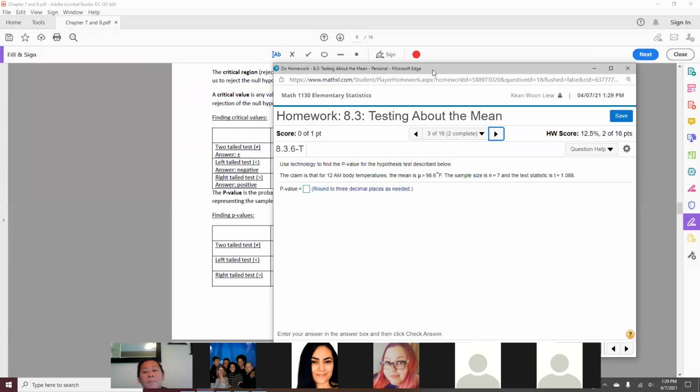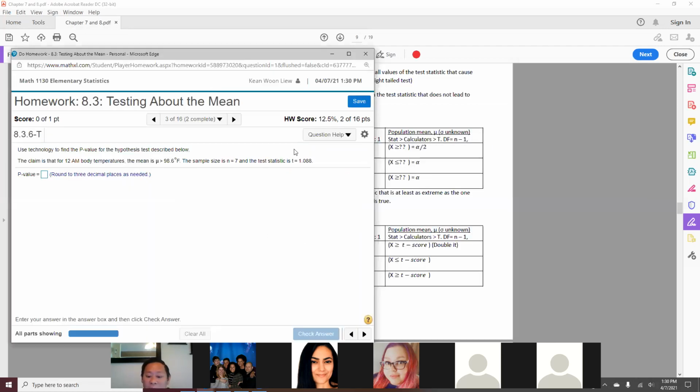It's the greater than symbol right over here, so it is a right tail, you're correct. Make sure you watch this symbol, because if it's an equal sign, it's a two-tail.